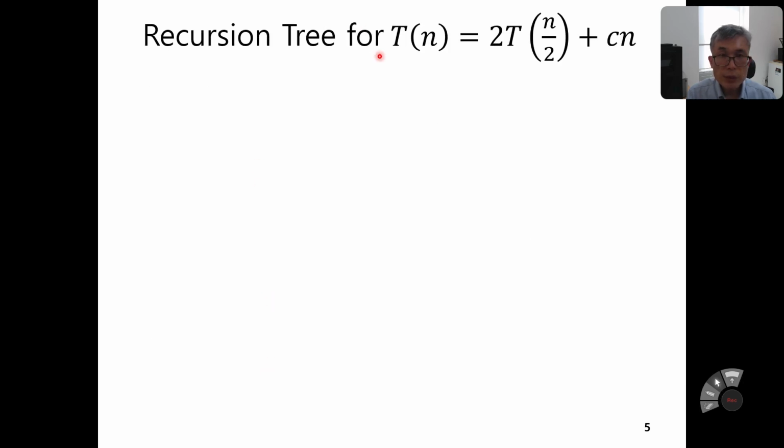So, the recursion tree for the time complexity of divide and conquer. The time complexity T(n) is for input size n, divided into two sub-problems.